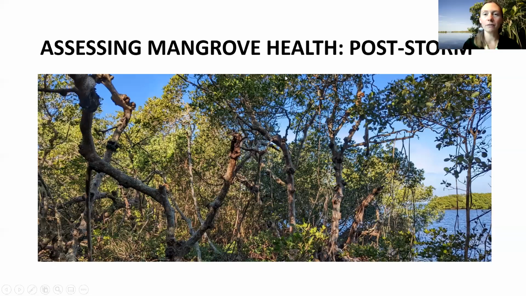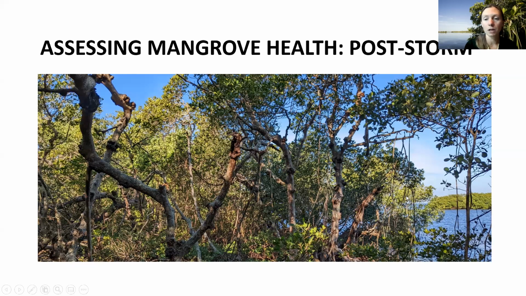Awesome. Thank you, everybody. Happy to talk to you today about mangrove damage assessment. Mike did a great job of going over where we find mangroves, what species we have here, some of their ecosystem services, why they're important, why we care. I think a lot of us in this meeting today are here because we know that mangroves are very important, and we're concerned about the damage we've seen recently.